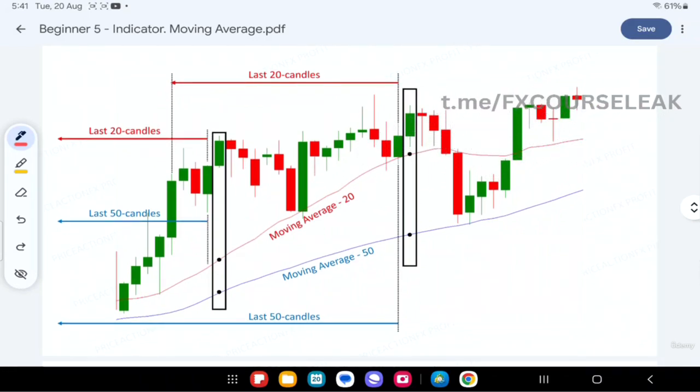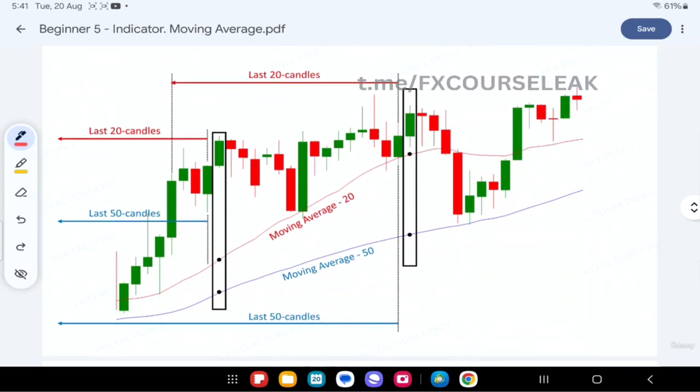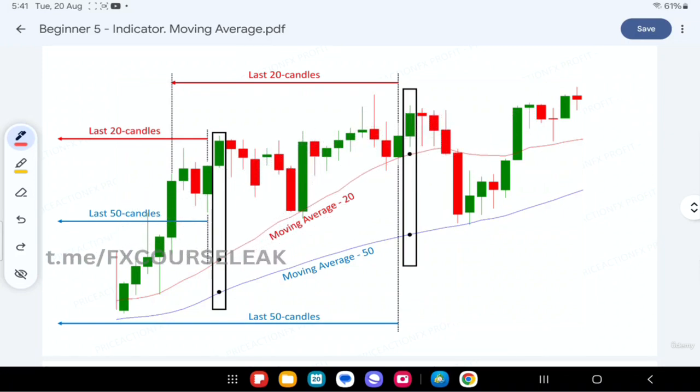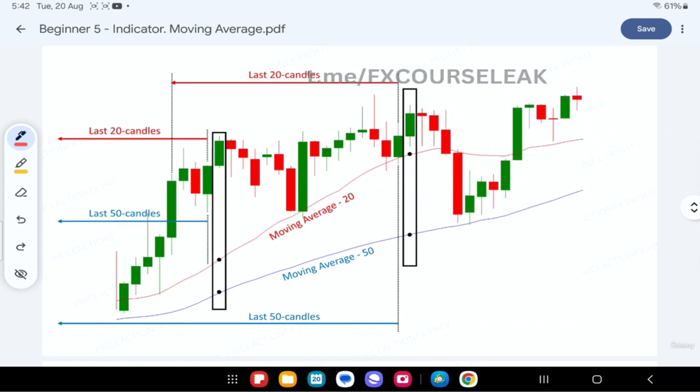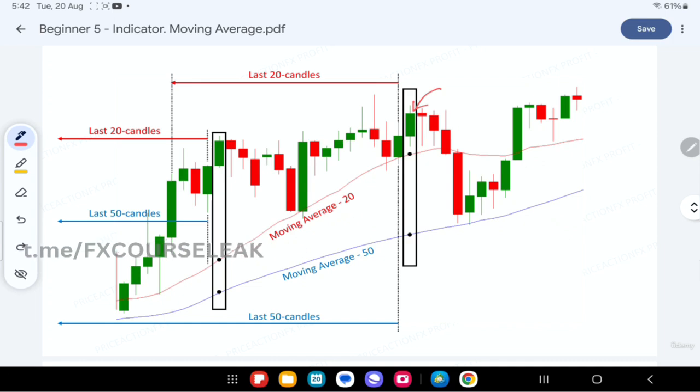When you put a moving average into your chart, you will see a red line and a blue line. When we talk about moving average 20, the system calculates by itself. As an example, look at the green chart here. The moving average 20 is placed over here.